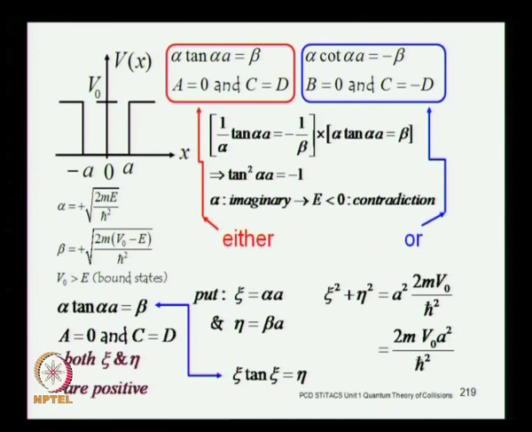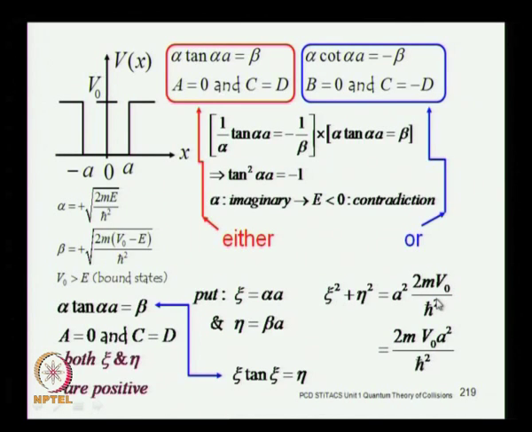The other relation xi and eta must satisfy is, if you look at xi square plus eta square, then you get a square 2 m V0 over h cross square, which means that 2 m over h cross square being constant, xi square plus eta square equal to a constant determined by V0 a square, which is what determines the strength of the potential.